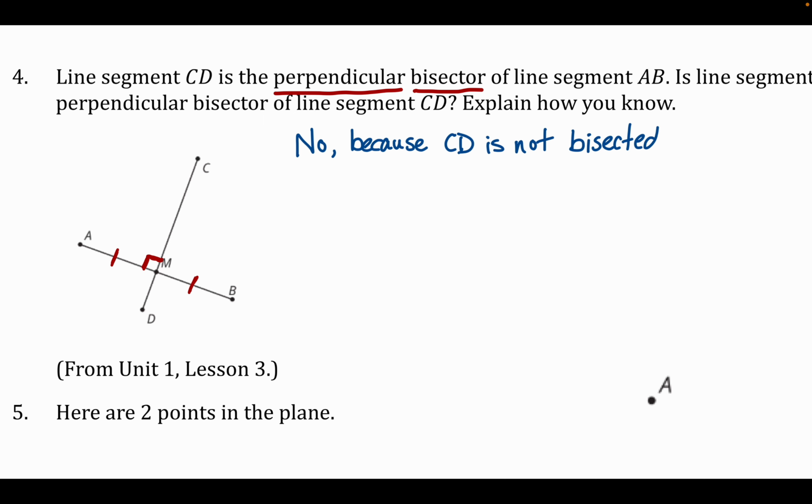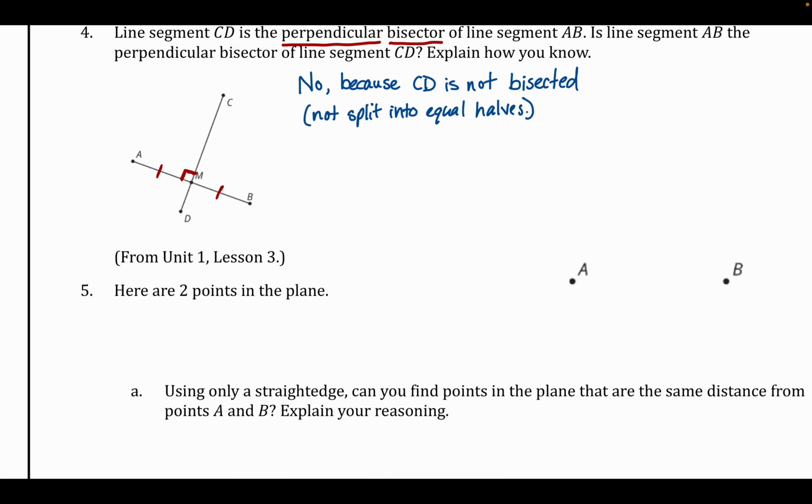I'm just going to also put in parentheses not split into equal halves. So it is possible for us to construct two lines that are perpendicular bisectors of each other, but in this case, they are not. So it does only work one way. CD is the perpendicular bisector of AB and not the other way around.